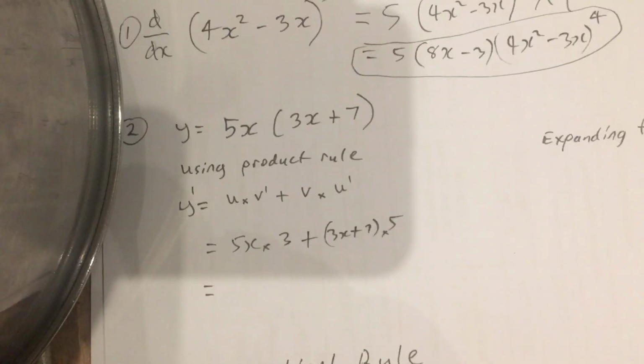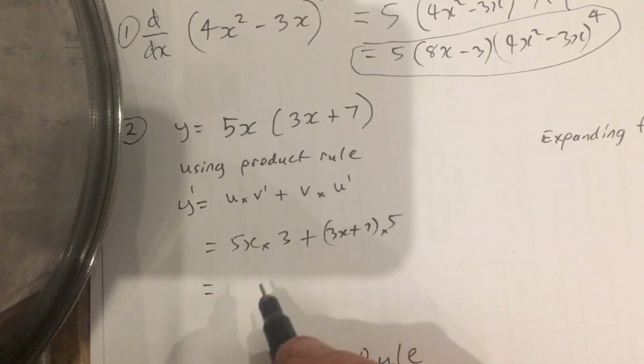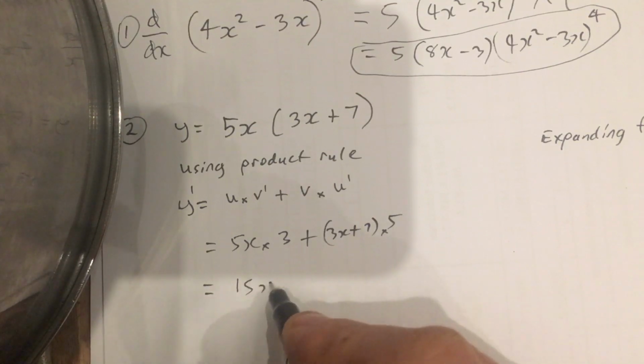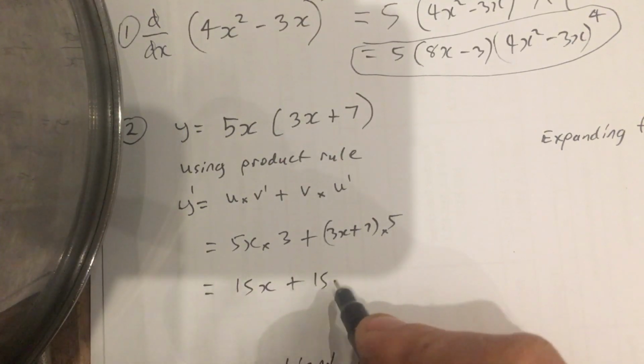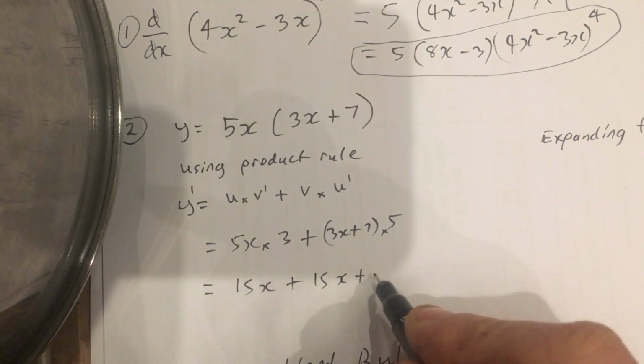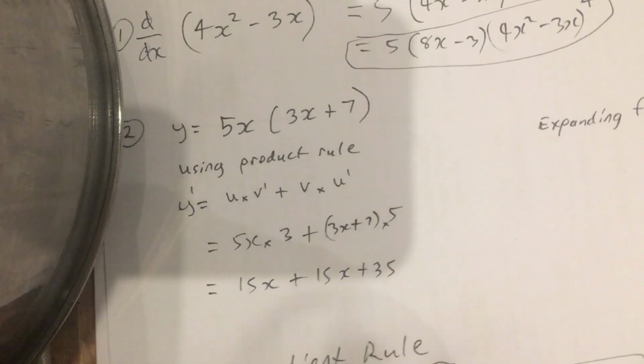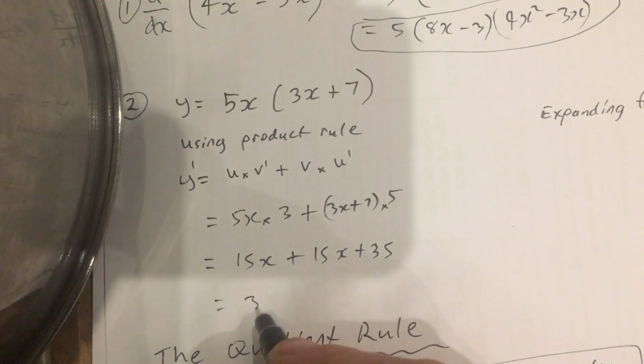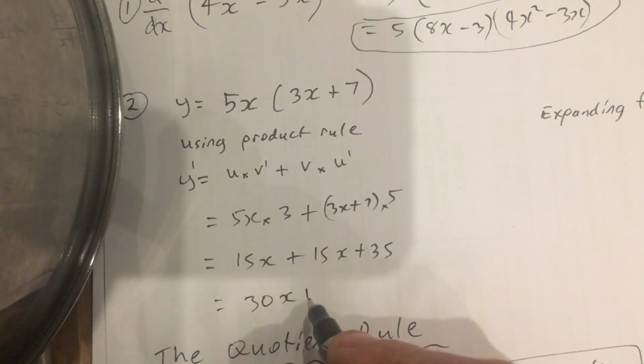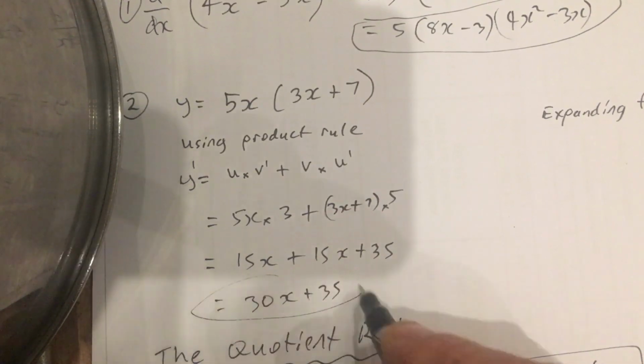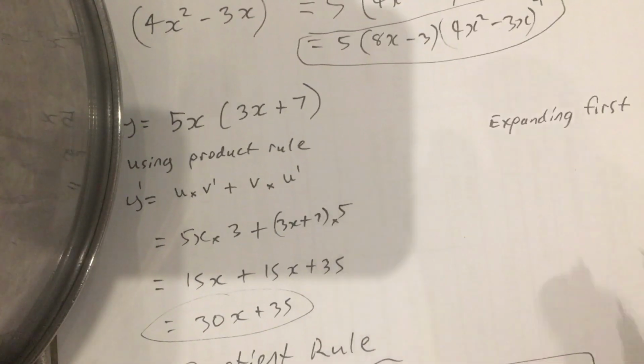And in this case, I would expand because there will be some like terms. So 15x plus 15x plus 35. So you get 30x plus 35. And I said if you had time to expand first.